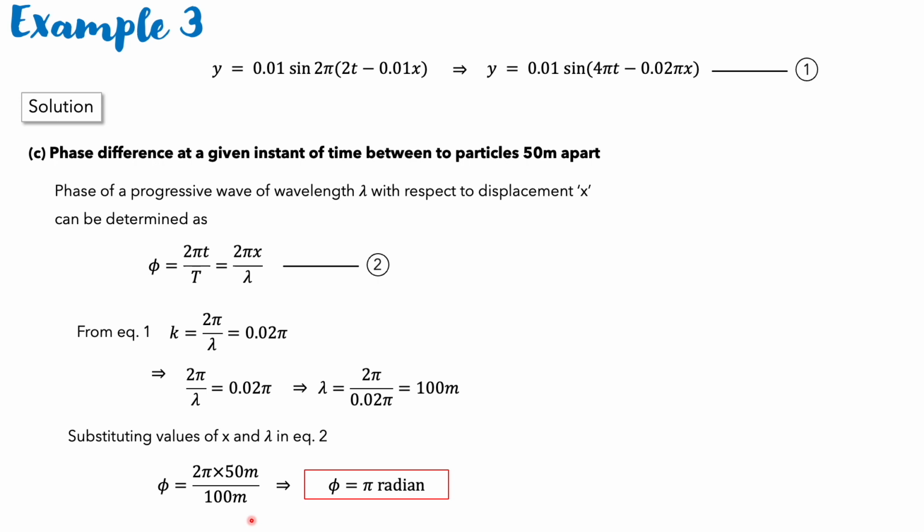We perform calculations and we get a phase difference of pi radians. So the two particles which are 50 meters apart will have a difference of pi at any instant of time. They will be moving out of phase by pi radians.